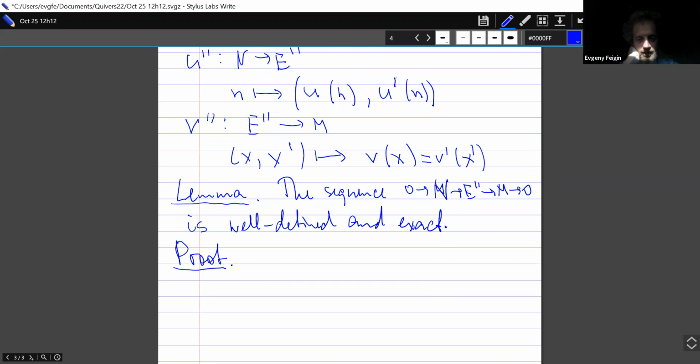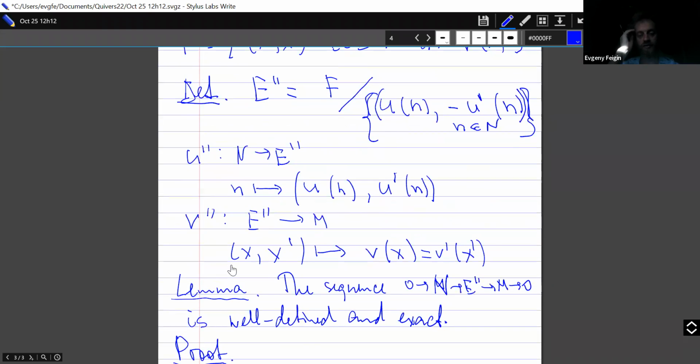Well, the condition of being a well-defined map is actually more or less obvious, simply because the mappings are defined very explicitly. So first of all, as I said here, we have u of n and u prime of n, and if you apply v to both, you get 0, so there's no problem.